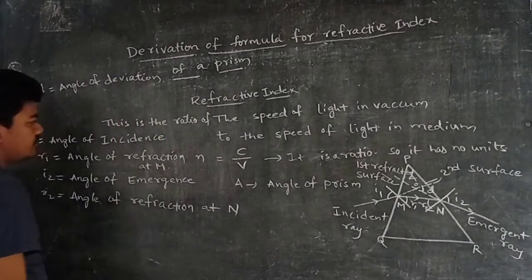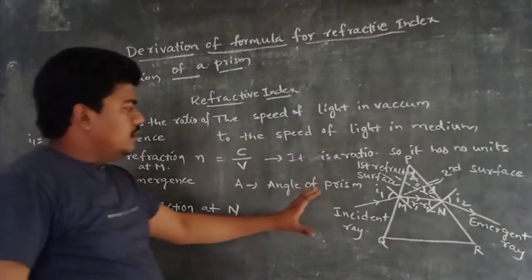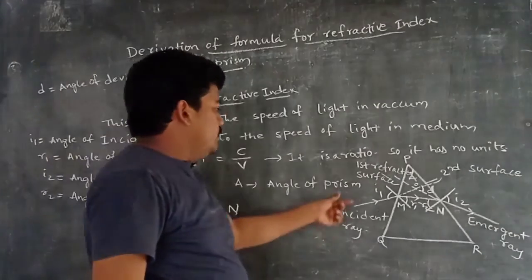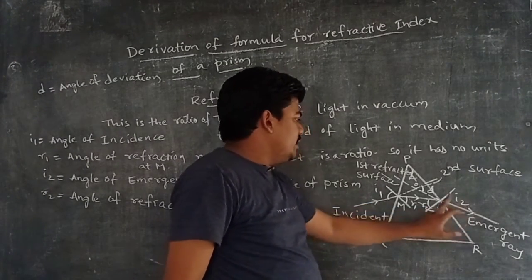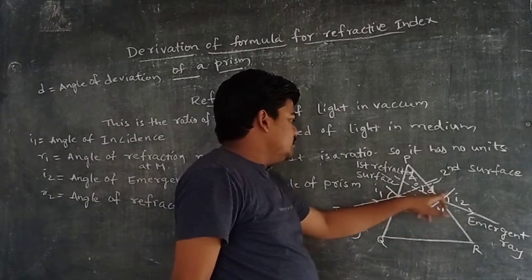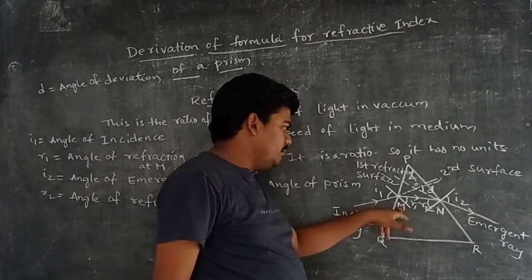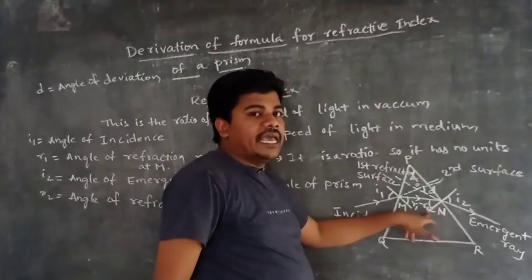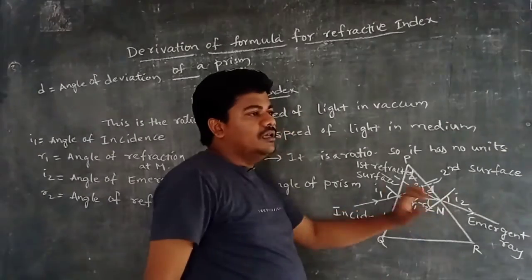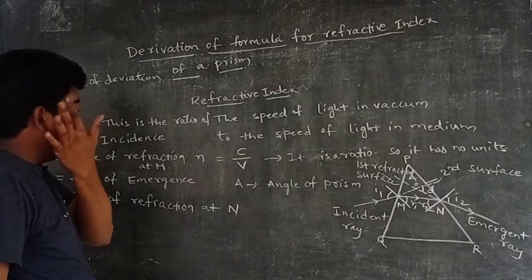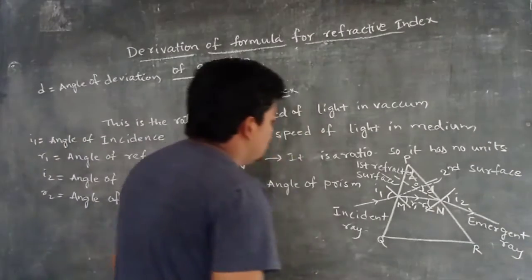This is about the making of the ray diagram: the incident ray, emergent ray, angle of incidence, and angle of emergence. R1 is the angle of refraction at the first surface M, and R2 is the angle of refraction at point N. Then how to find out the refractive index n of a prism?